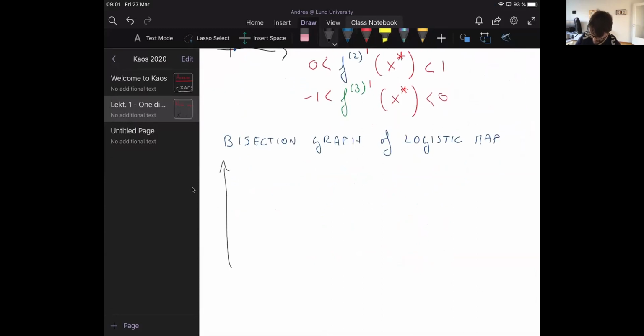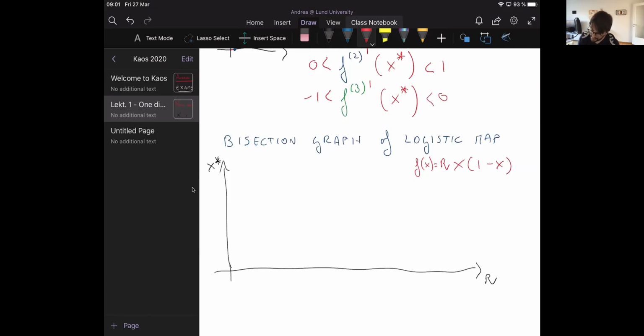So if I make a graph very big here, and I study the behavior of the stable points, of the fixed points as a function of R. So I remind you, the logistic map looks like this: F of x is equal to R of x times 1 minus x.